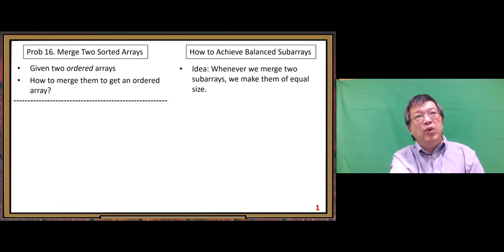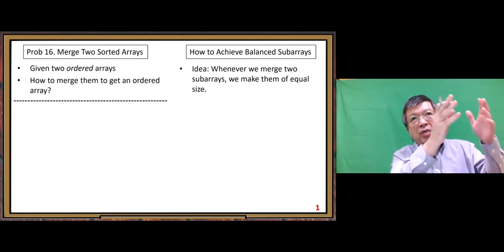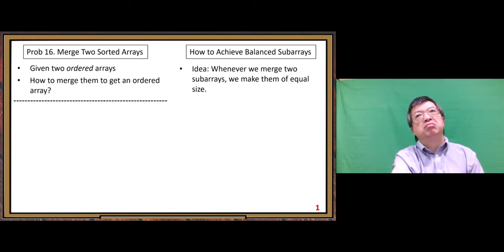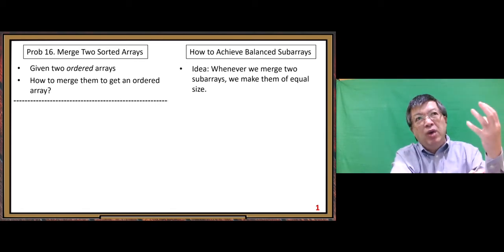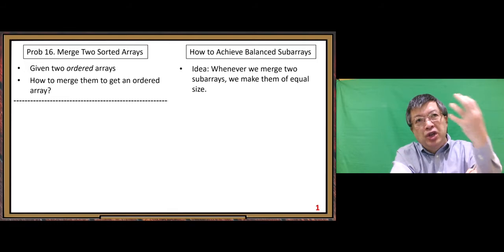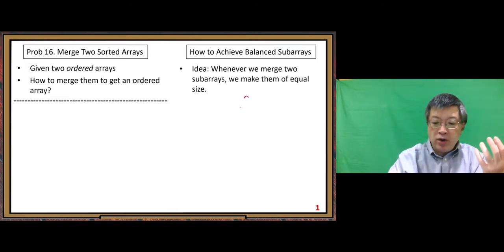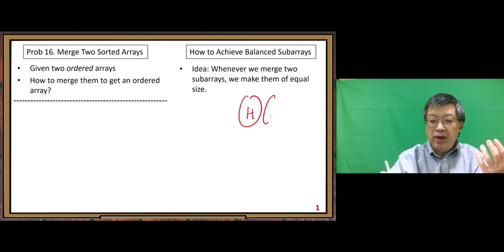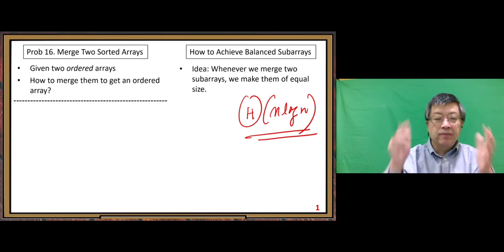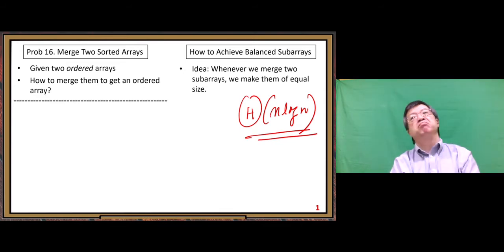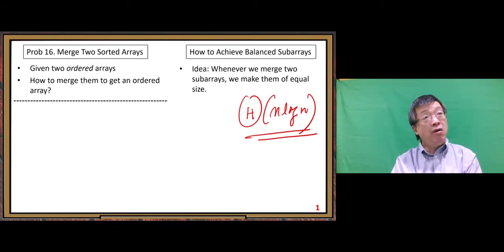In that way, we can avoid a very poor worst case. And hopefully, when we use this way, we can achieve that big theta n log n efficiency. That's our goal.